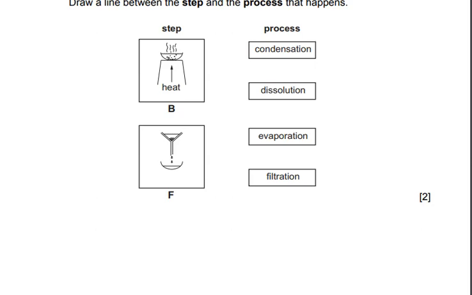So boiling and evaporation are the same. You draw a line from B to evaporation. And the other one, step F, we have a filter funnel with a filter paper on it. We are filtering the mixture actually. So this is called the process of filtration. You draw a line from F to filtration.